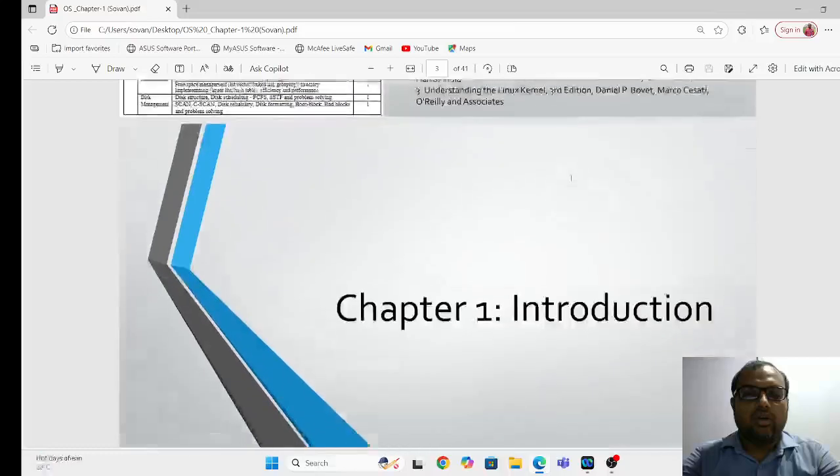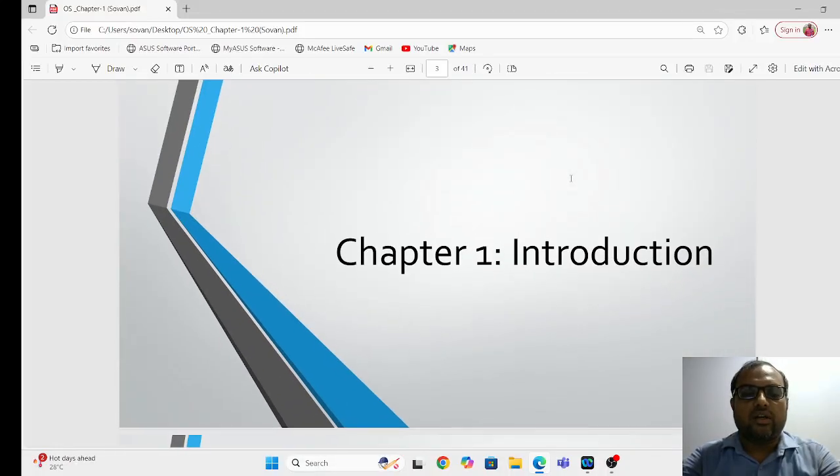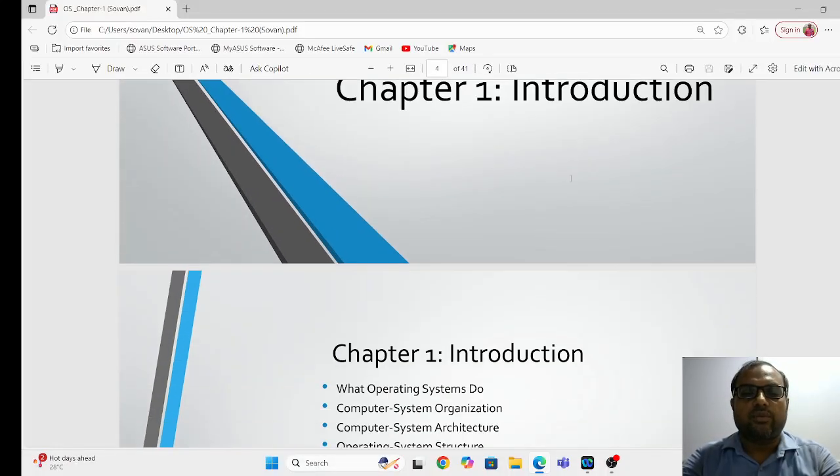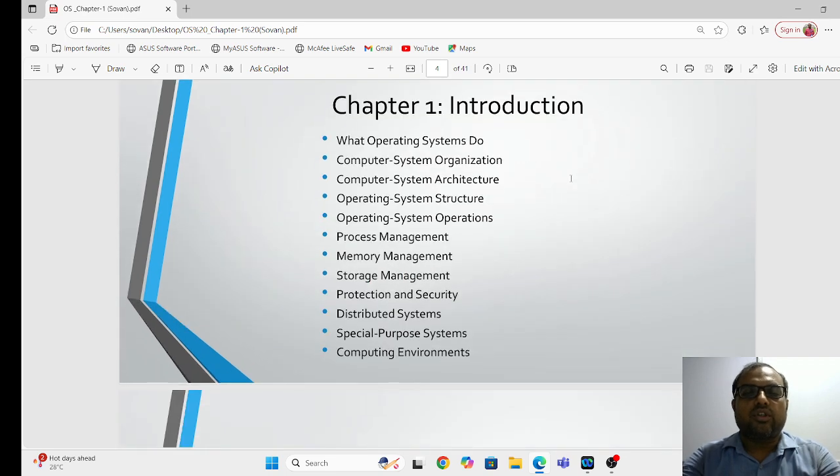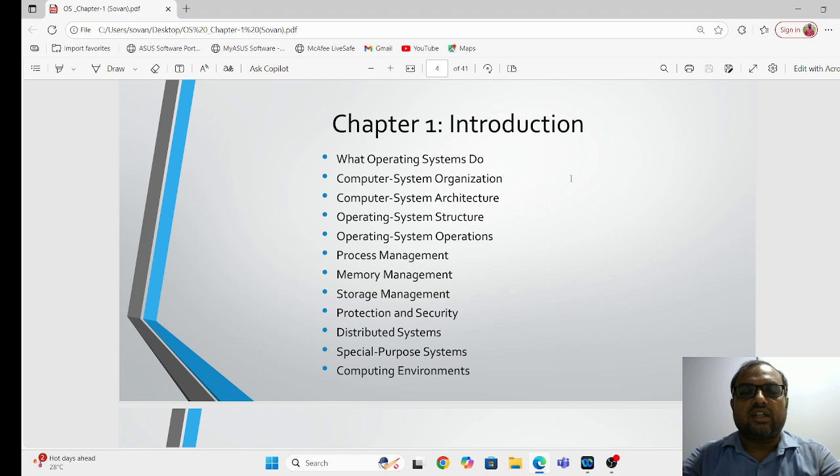Today I will start the first chapter, the introduction. Students can understand what an operating system is and what operating systems do, and the basic idea of computer organization and architecture.